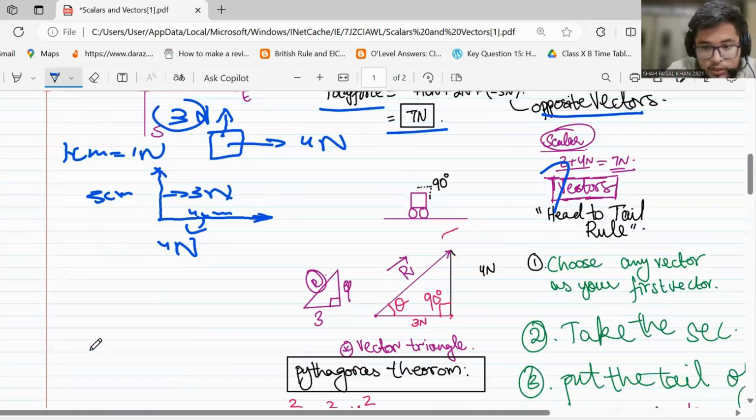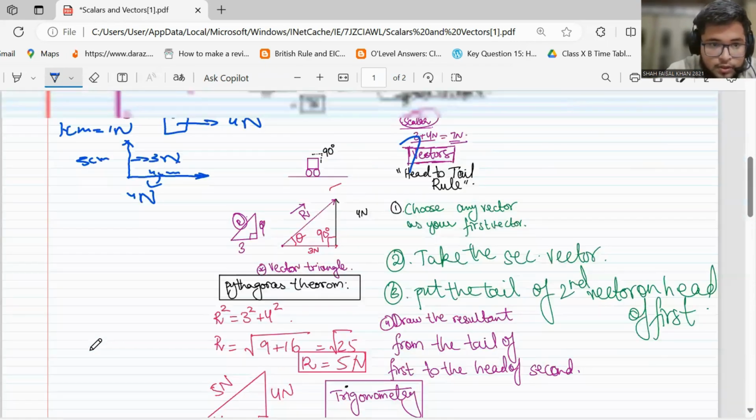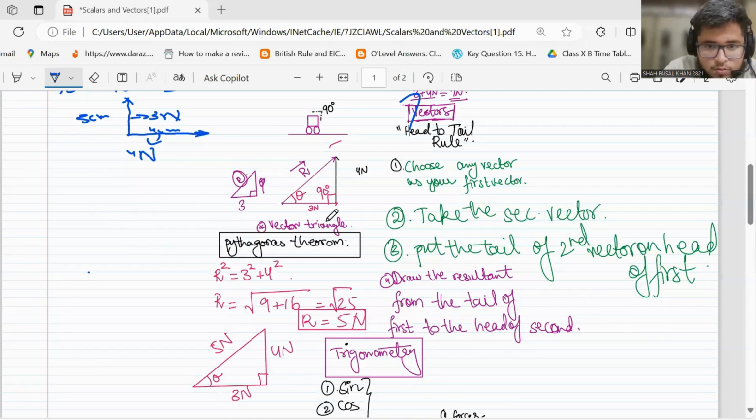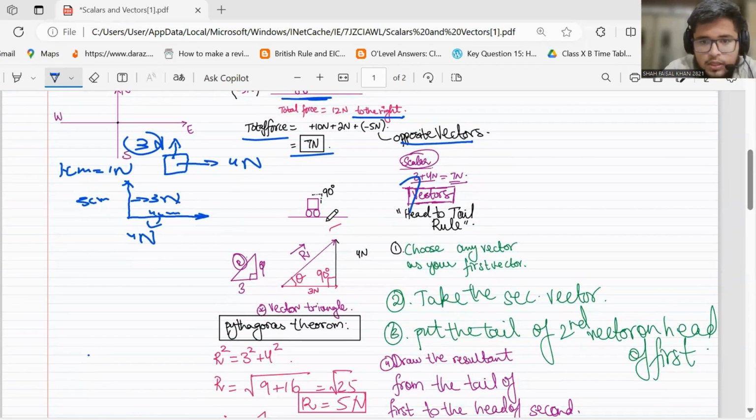Now there is another topic. The first rule is the head to tail rule.